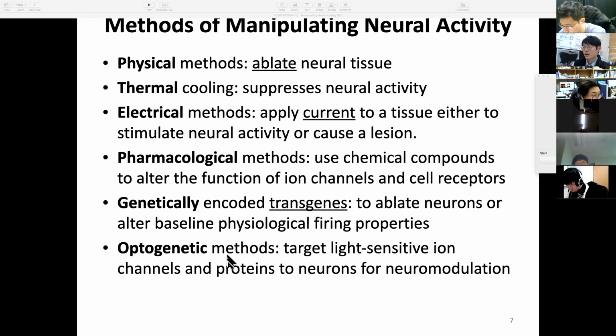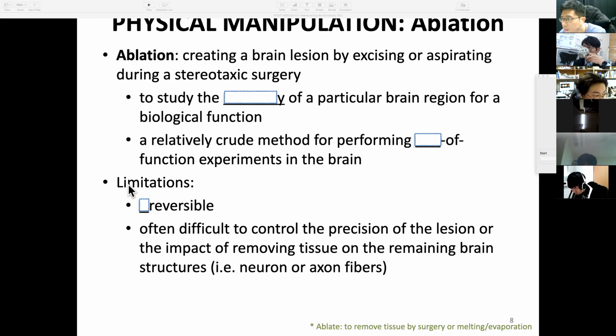Lastly, optogenetic methods target light-sensitive ion channels and proteins to specific chosen neurons for our neuromodulation. Optogenetic methods are a kind of revolution, and we will look into them in a little more detail. So let's look at them one by one.